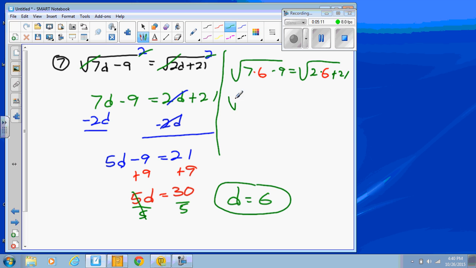So that's the square root of 42 minus 9, which is 33, equals the square root of 12 plus 21, which is the square root of 33. Square root of 33 equals square root of 33. That's good. So 6 is my answer to number 7.